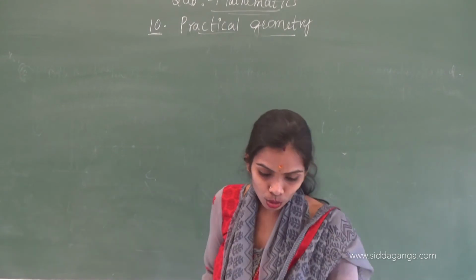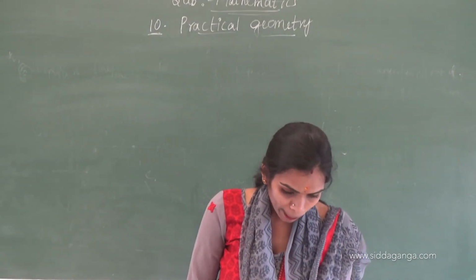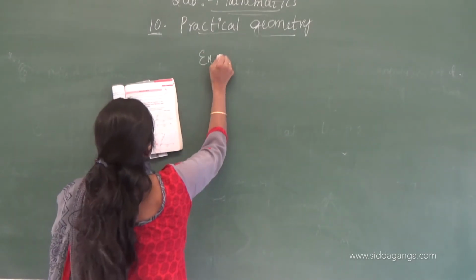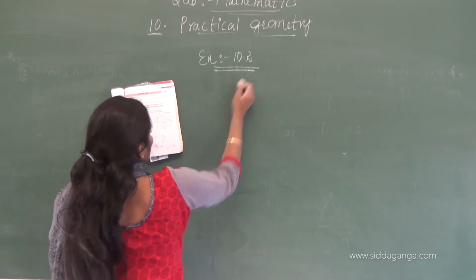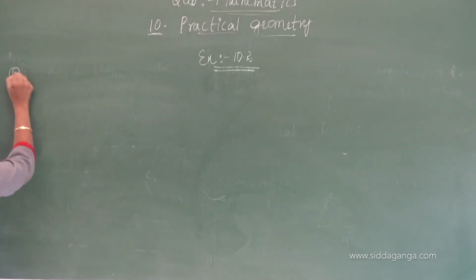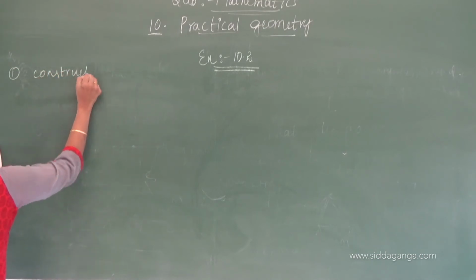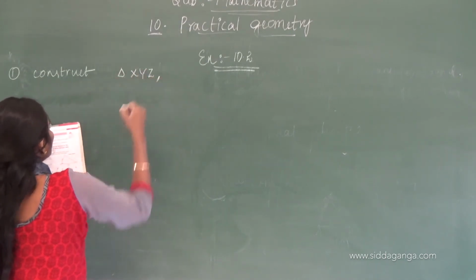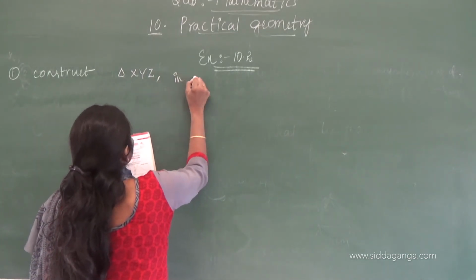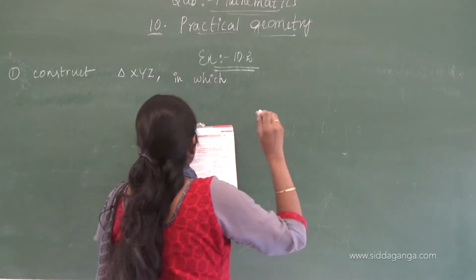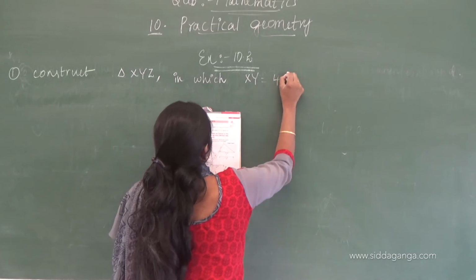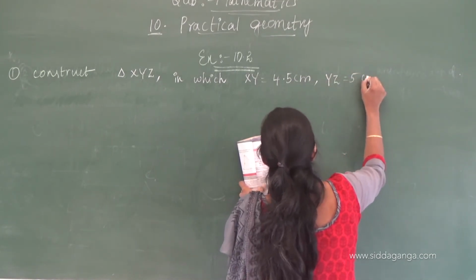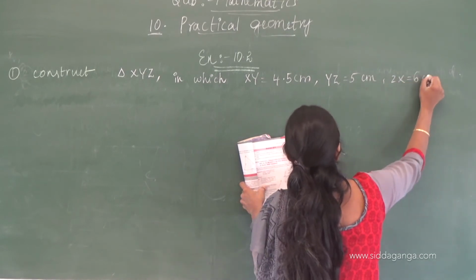Exercise 10.2. Construct triangle XYZ in which XY equals 4.5 centimeters, YZ equals 5 centimeters, ZX equals 6 centimeters.